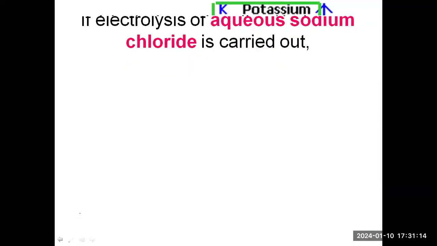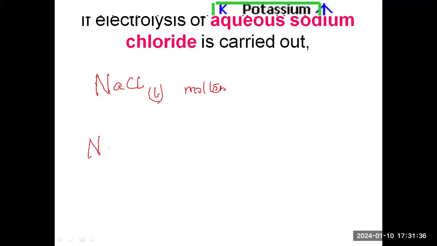I would like to remind you of one of the concepts that you have studied in the second chapter, sodium chloride. Here, to extract sodium from sodium chloride, we took it in molten form and passed electric current through it.